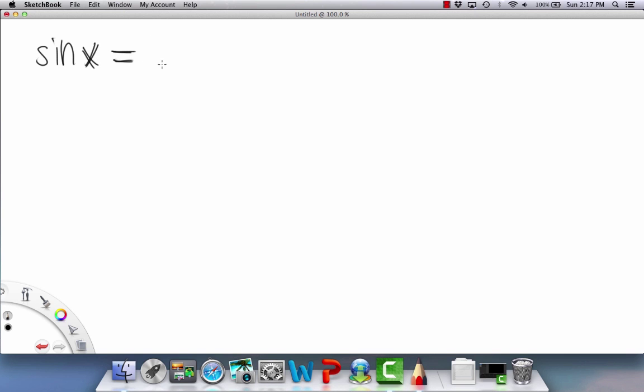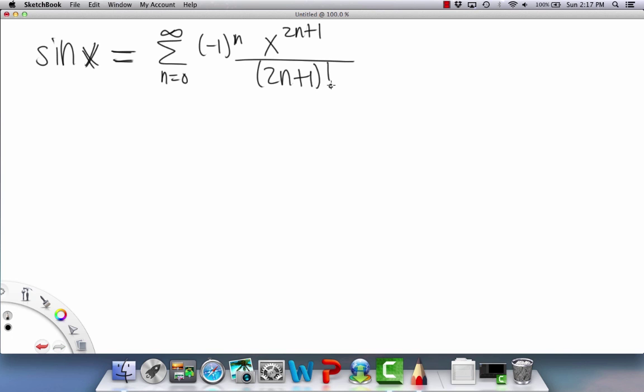Anyways, the whole point behind my explanation there was that it can be represented by a Taylor series. In fact, the Taylor series is going to look like this: the sum of negative 1 to the n, and we have this factor of negative 1 because sine ranges from negative 1 to 1, times x to the 2n plus 1 over 2n plus 1 factorial.